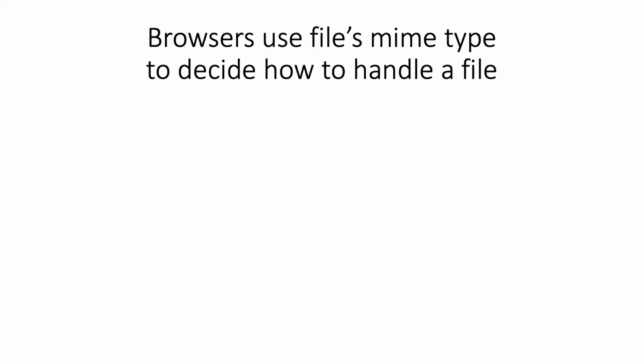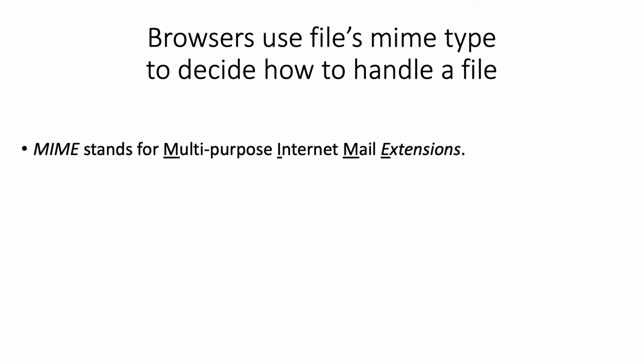Okay, so we've talked about how the server, Apache, decides what to do and how to handle files. How does the browser? Well, the browser has MIME types to decide how to handle a file. And MIME stands for Multi-Purpose Internet Mail Extension.